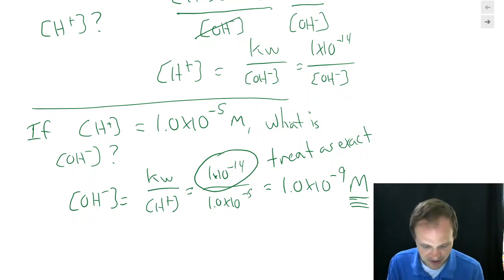But if I changed my numbers slightly, so I had 1 times 10 to the minus 14th divided by 1.03 times 10 to the minus 9th, if I still had it, oops. Oh, no, there we go.